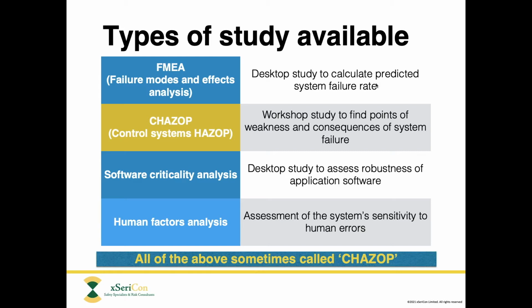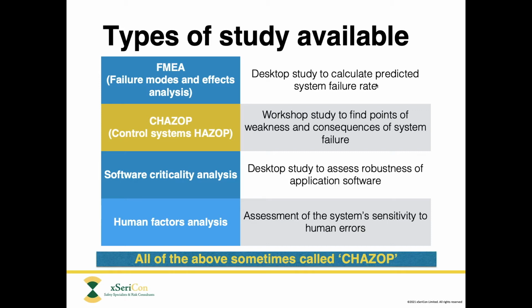So the purpose of that then is to try to identify where the weaknesses are and maybe whether some redesign should be implemented or whether some additional safeguards are required or maybe some additional training or information provided to the operators.